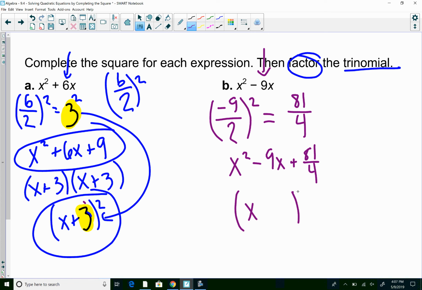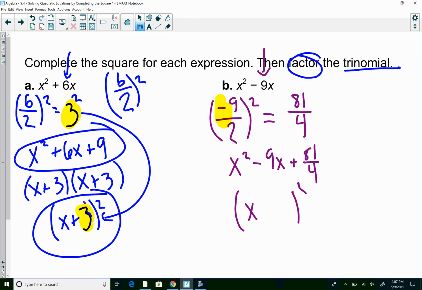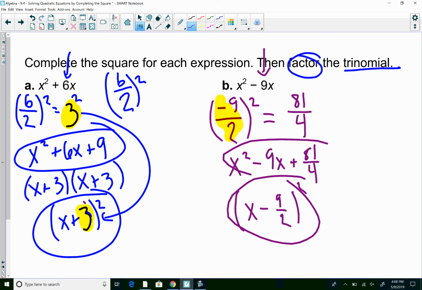This is just going to be x, that's going to be squared. And again, this right here is what ends up going in the back half. -9/2. These are the two things that I want to see. Those are your two solutions.